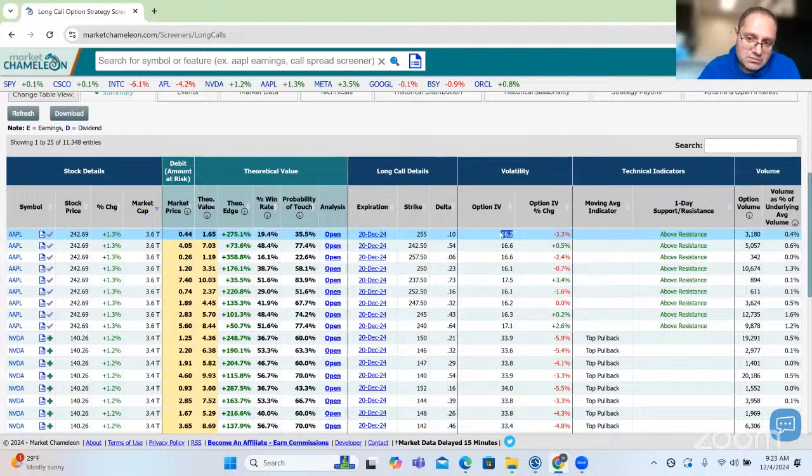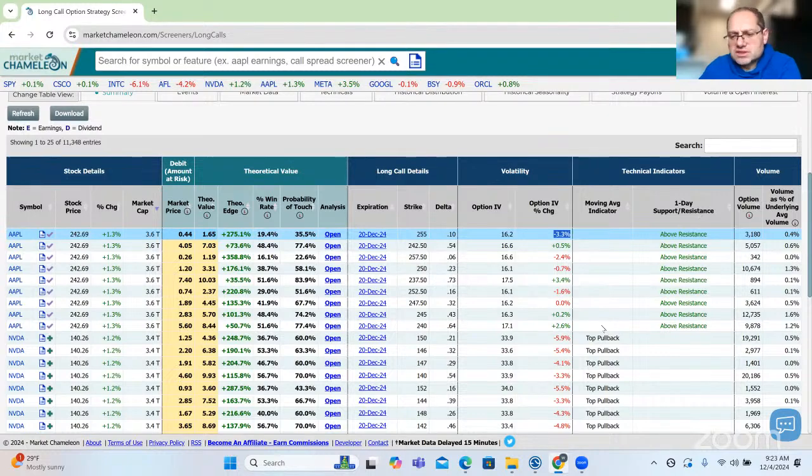Because if it's down, it's indicating there's more selling pressure, more demand on the sell side. If it's up, it's indicating more demand on the buy side on a relative basis. So this is telling us it was down 3.3%. Okay, so on a relative basis, there's pressure on that ask side.